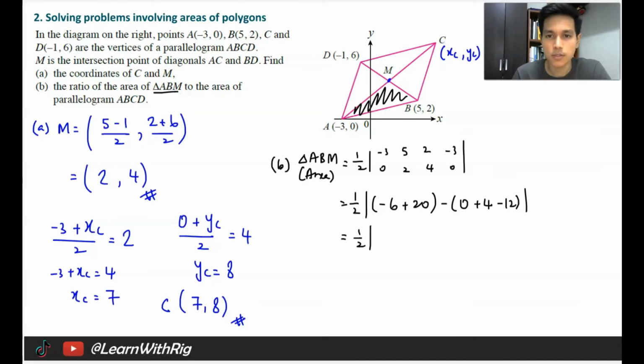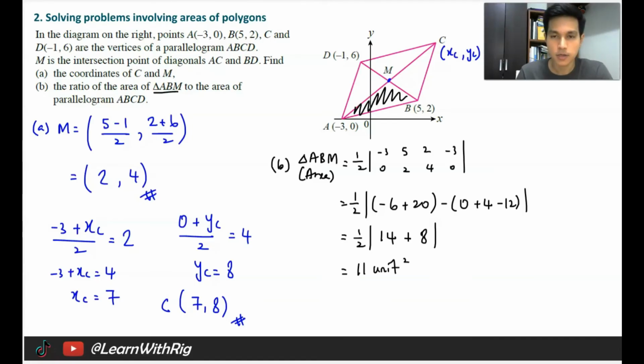Negative 6 plus 20, you should get 14, plus 4 minus 12, you should get minus 8. So minus 8 here becomes positive 8. Okay, so you get 22, and 1 divided by 2, you get 11 units square.